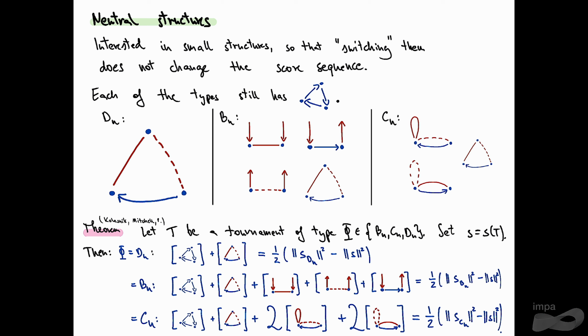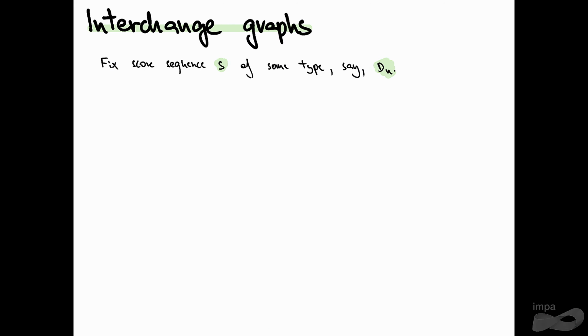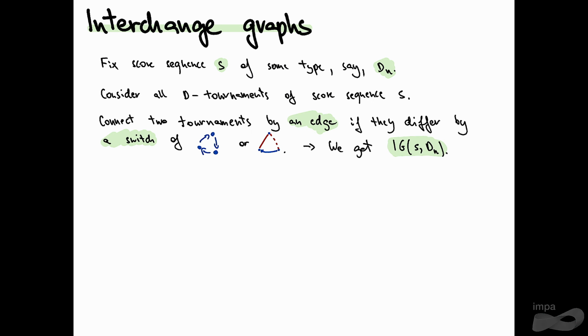Since we have this invariant, I can construct interchange graphs for these new types. The strategy is similar as before: if 2 tournaments differ by 1 flip, then I put an edge in the meta graph.